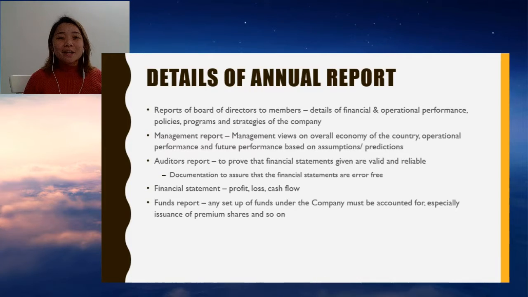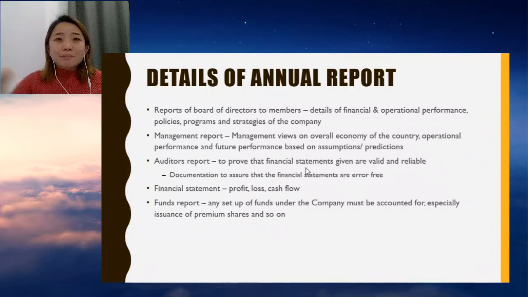And of course, secondly, you do have the management report within the annual report, which is basically the management's view of the overall economy of the country. I'm sure in 2020, every single annual report is going to address this particular issue of COVID-19, right?